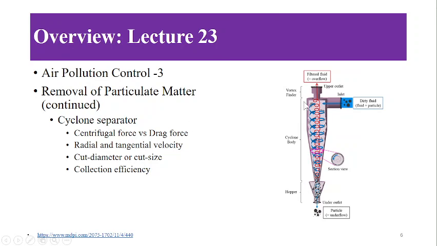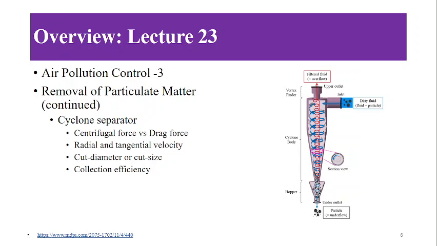This is the equipment, cyclone separator, which is used to separate the particulate matter. The dirty fluid enters from this tube, and because of the placement of this tube, the air enters tangentially and gets centrifugal force.